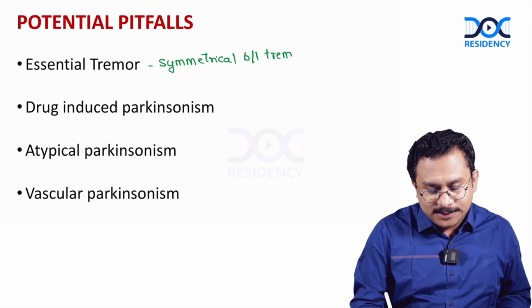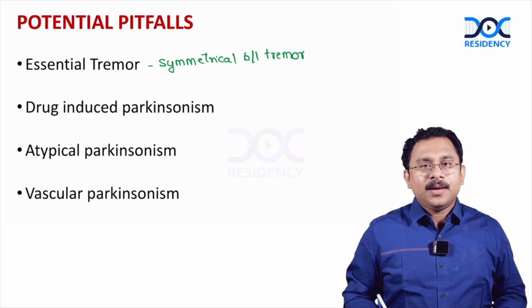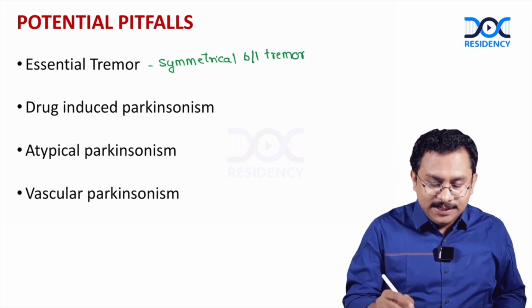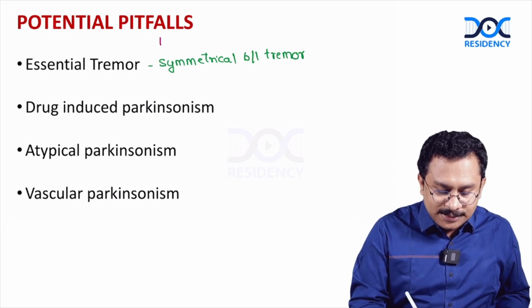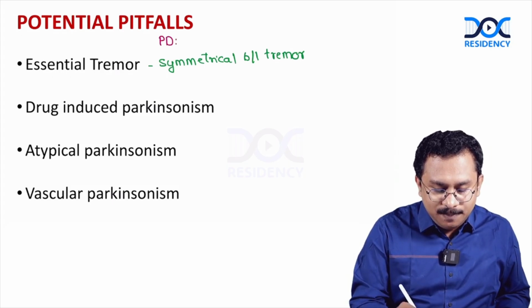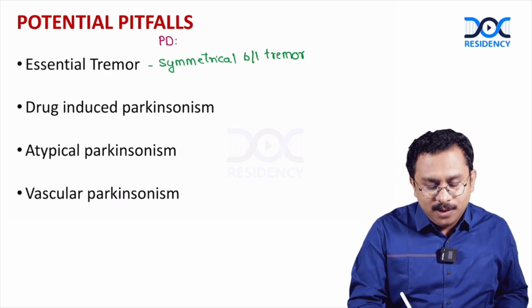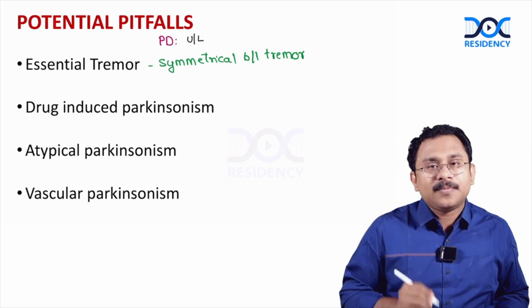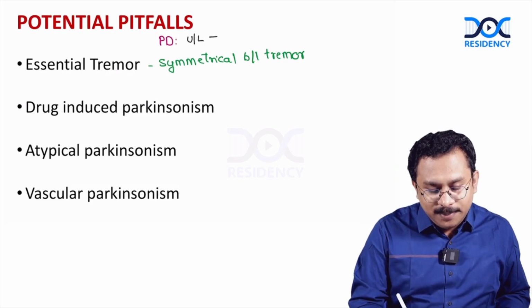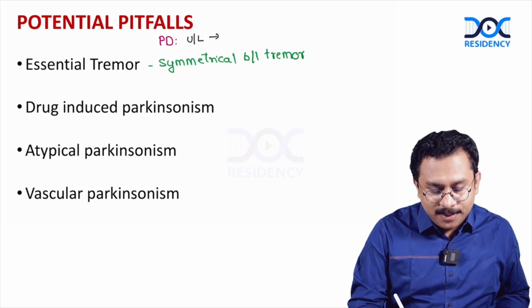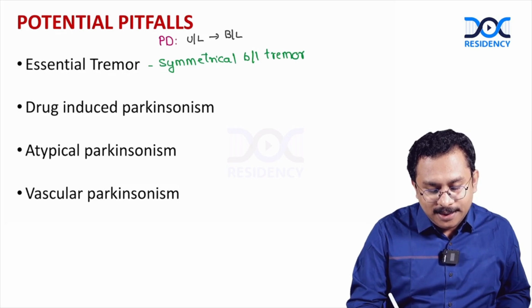Whereas the tremor in Parkinson's disease to begin with is unilateral. And when the tremor becomes bilateral, remember, it is bilateral and asymmetrical.